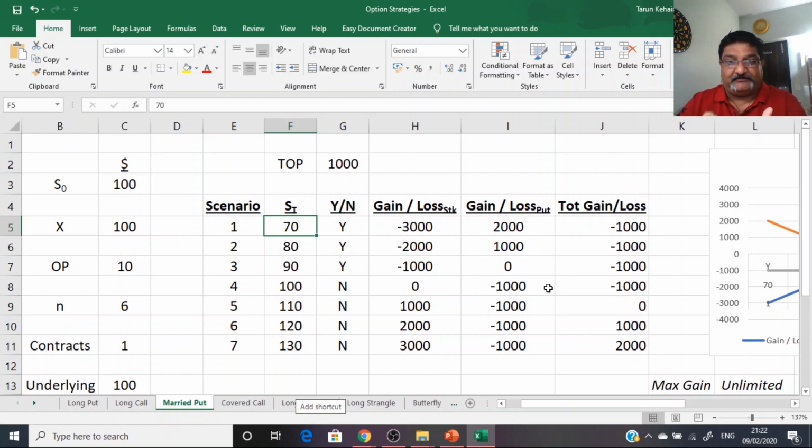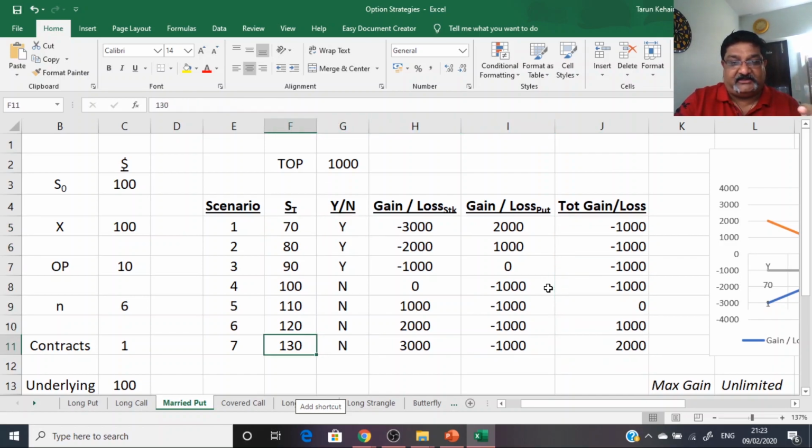You went long because you are expecting the prices to rise, but you also wanted to protect yourself or hedge against the unanticipated decline in the prices. So you also invested in put options, and therefore this is called a married put, because you have married the put option along with the long position on the underlying stock. And these are your losses or gains at different scenarios.